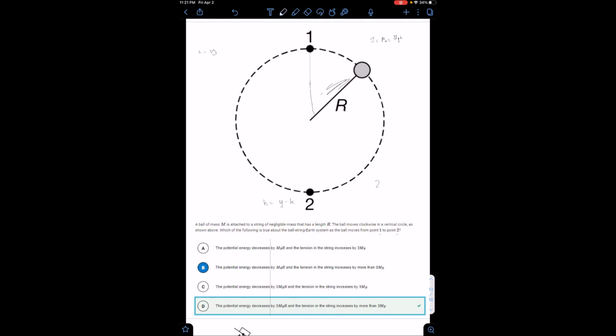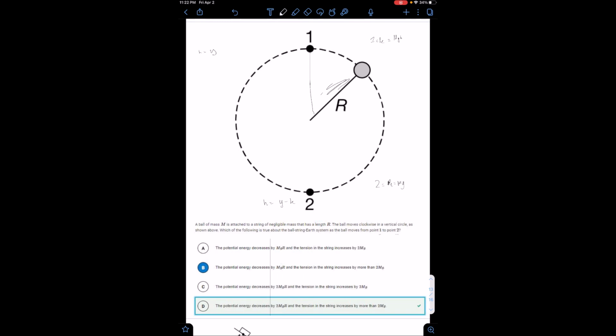At point 2, we have the mechanical energy, or you know what, I could just say potential energy, since we're not really accounting for kinetic energy at this point. We're only talking about potential energy. So potential energy would be equal to mass times gravity.